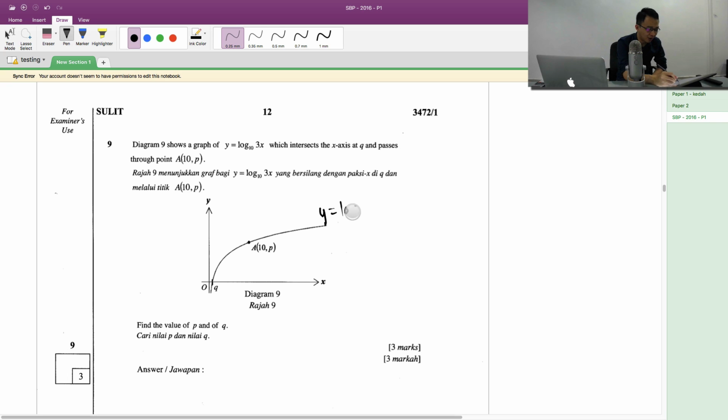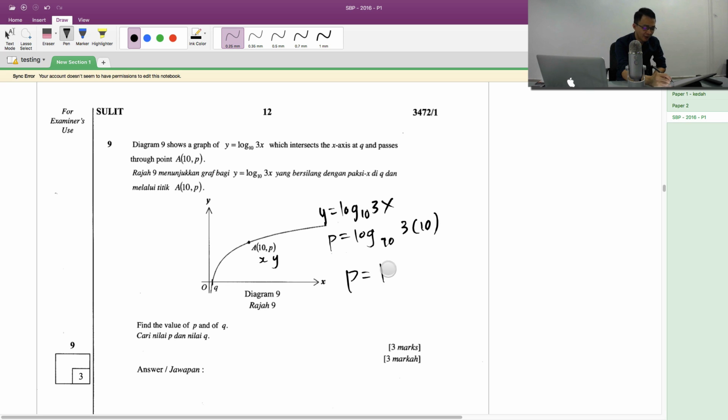Y equals log10 of 3x. So, in order to find P, this is x and y, isn't it? That means when y equals P, x equals 10. Log10 of 3 multiplied by 10 is okay. So what I will do is separate them.